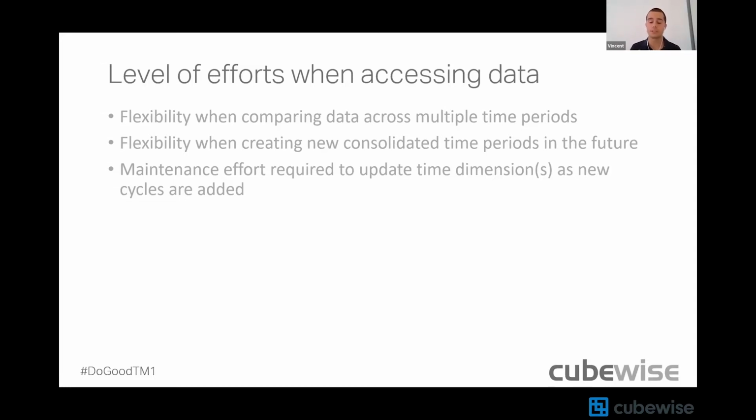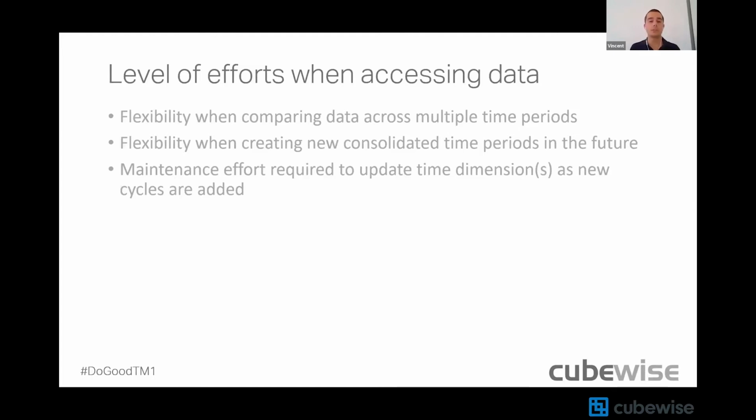For instance, if your users are heavily relying on cube views and they want to do rolling time periods, that will be difficult to achieve if you just have a cube view to show the last 12 months or next 12 months with just 1 year and 1 month dimensions.